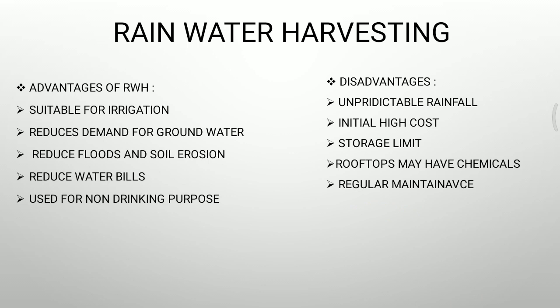Initial high cost: the cost is high at the beginning because of all the structures that we have to build. Storage limit: we can store only a limited amount of water. Even if there is very high rainfall, if the storage is limited, we can store only a small amount of water.